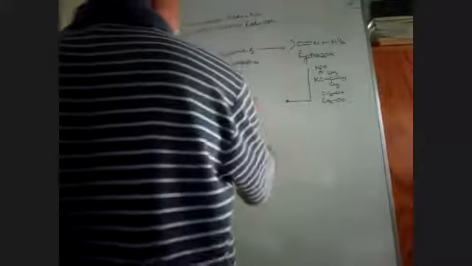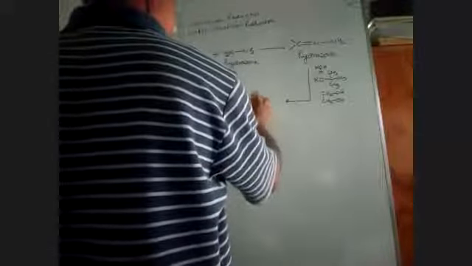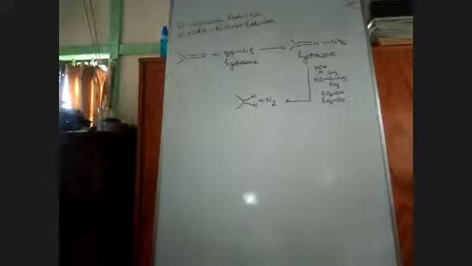So, what will happen now? These two hydrogens from this nitrogen will shift to carbon. It just comes to carbon, and this will go out in the form of nitrogen gas.